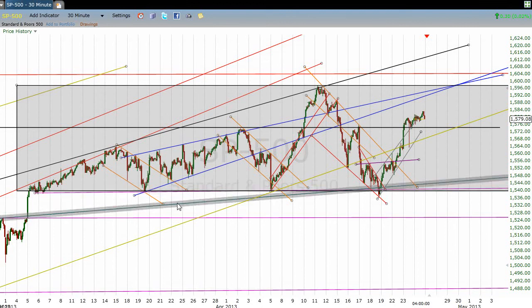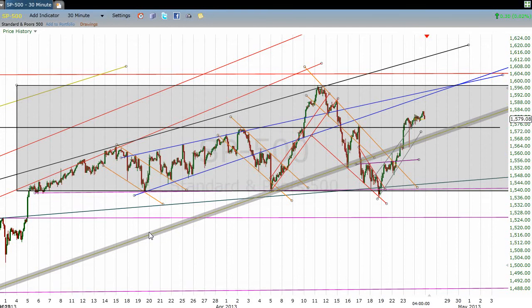So far we actually have 3 tests of that support. And it would not surprise me to see a 4th and maybe even a 5th. But eventually, I'm almost certain this line is going to get taken out. And the reason I say that is we have been in this uptrend for more than 5 months, and we're just now really starting to see signs of weakness.